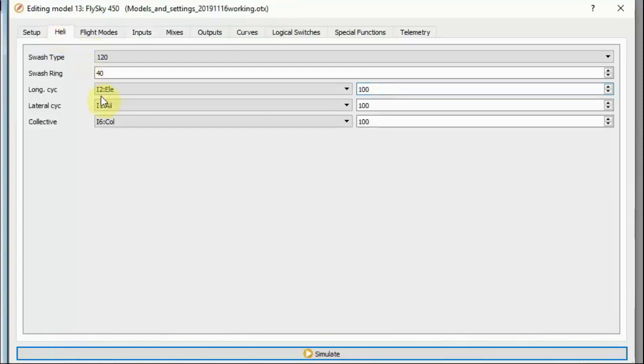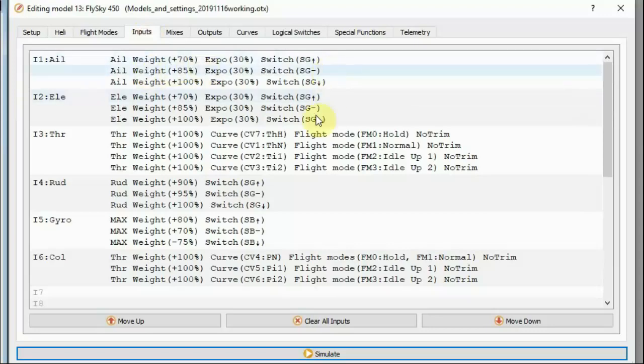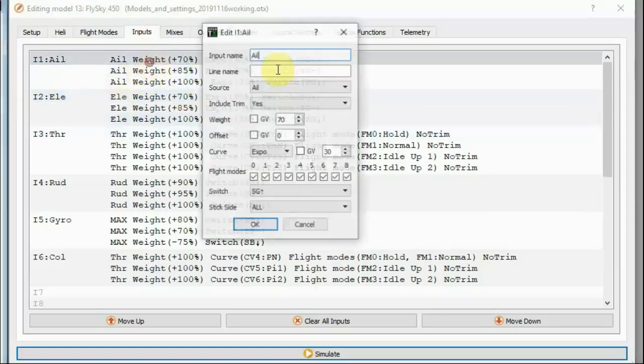OpenTX just ignores it. You say here that the input to the longitudinal cyclic is input 2, and the input to the lateral cyclic is input 1. But in actual practice, it seems to me what OpenTX is really doing is just taking the raw aileron and elevator stick values. It's totally ignoring any parameters you define here.